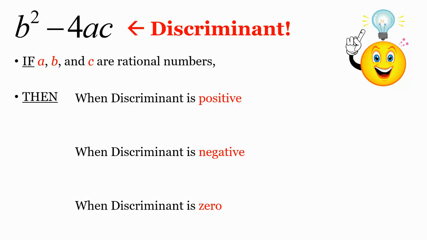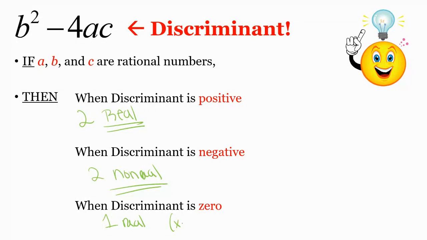So b squared minus 4ac, if it's positive, it means that my solution is going to be real. If the discriminant is negative, it means that it's going to be non-real, right? You would end up with the square root of a negative. If the discriminant is 0, that means, so here you're going to have 2 real, here you're going to have 2 non-real, here you're going to have 1 real, right?